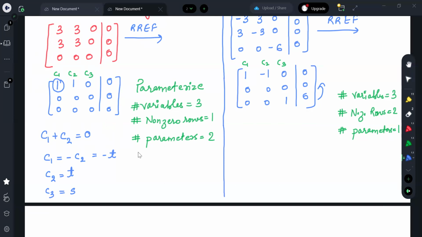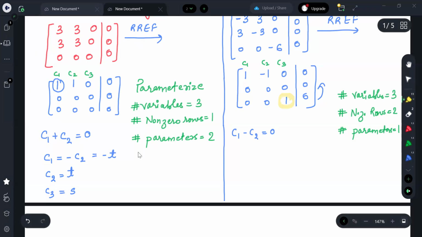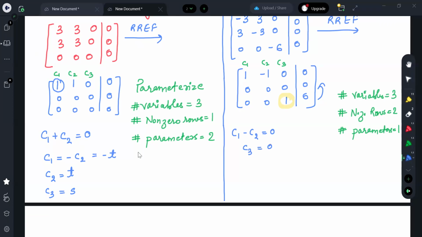Rewrite the system again here. So I have C1 - C2 equals 0. And in this case, I have one more equation which fixes my C3. So when I rewrite the system, I have C3 equals 0. So this gives me C1 equals C2. So clearly C2 has to be the free variable.